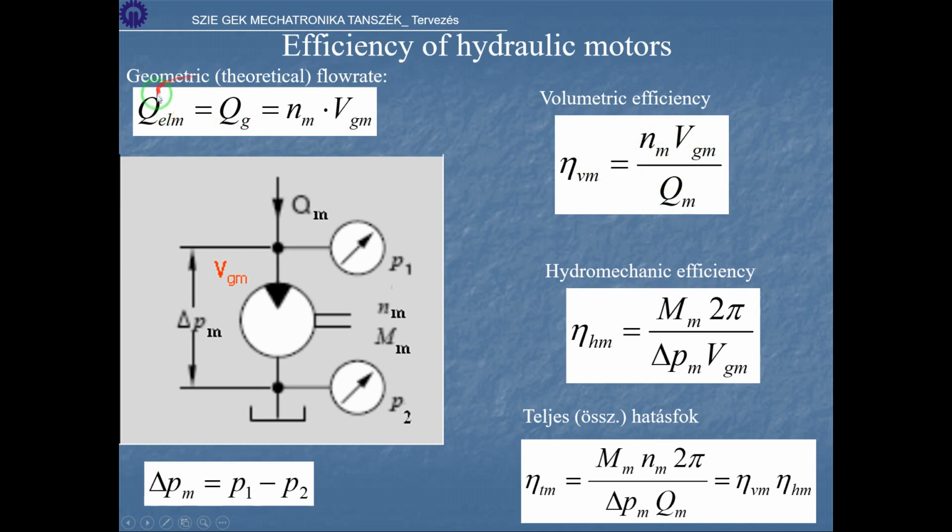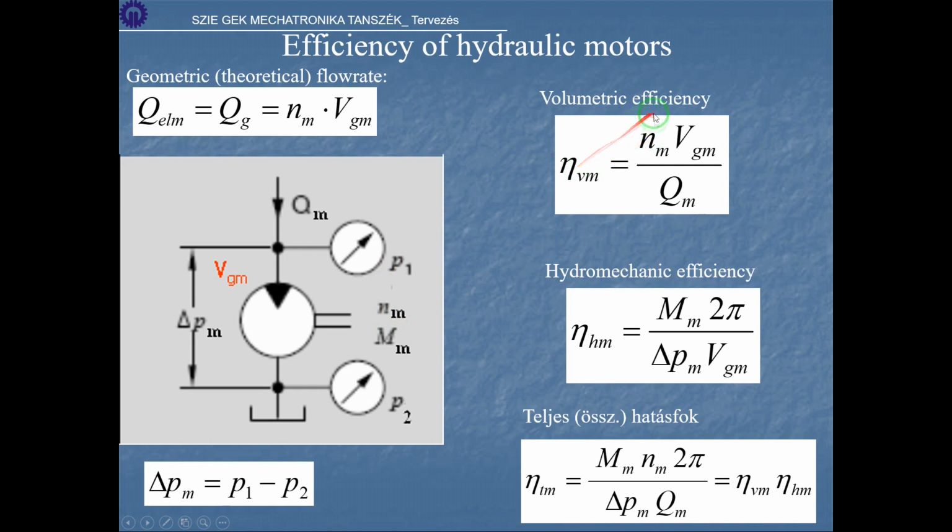Here we can calculate the theoretical consumption of the motor with the geometrical volume and the required RPM, and the volumetric efficiency will be here, the one we provided for the pump. It will be bigger than what the pump actually provides.